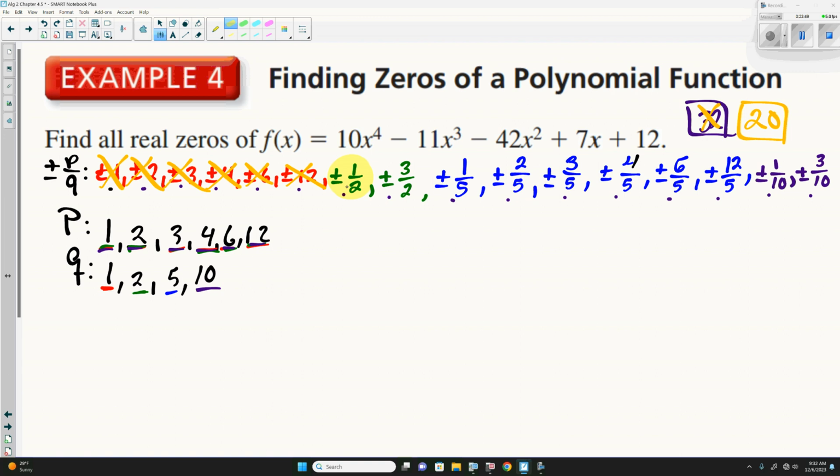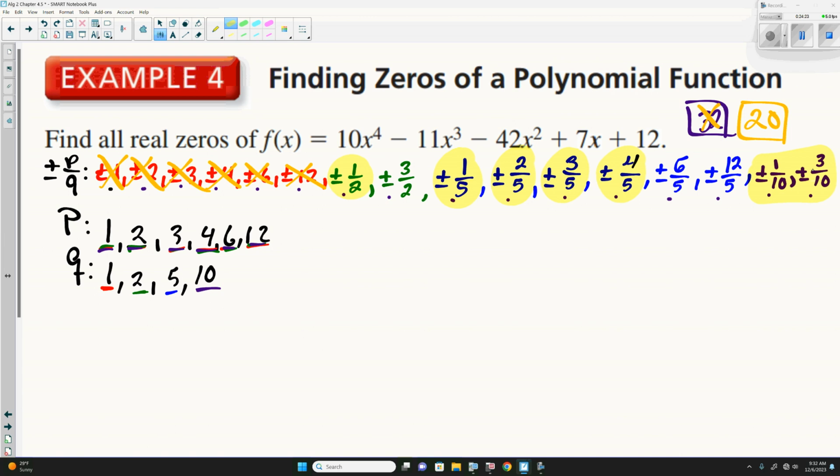Well, 1/2, 3/2 is not. 1/5, 2/5, 3/5, 4/5, 5/6 doesn't, 12/5 doesn't. And our 1/10 and 3/10. All of these are between 0 and 1 and 0 and -1, yes? I'm looking at the graph and seeing which ones kind of line up, which ones could possibly be one of these solutions.